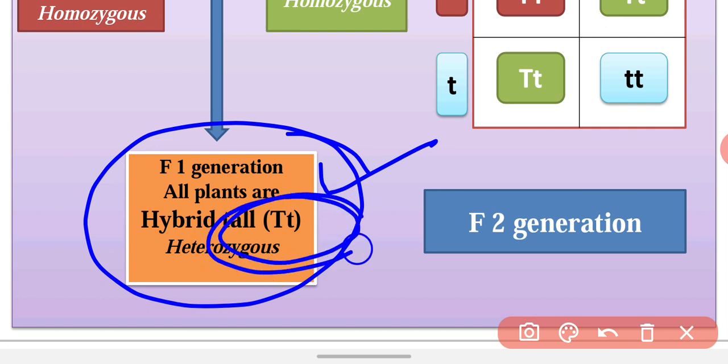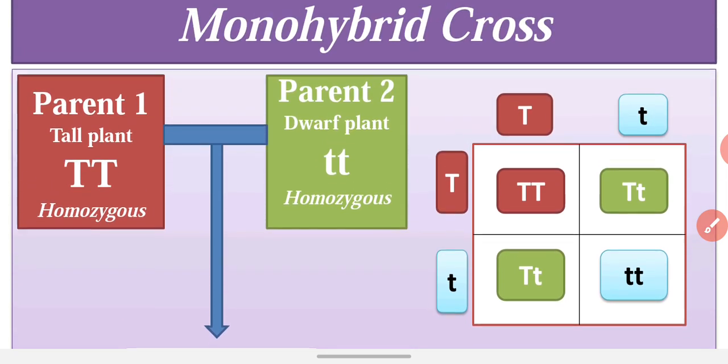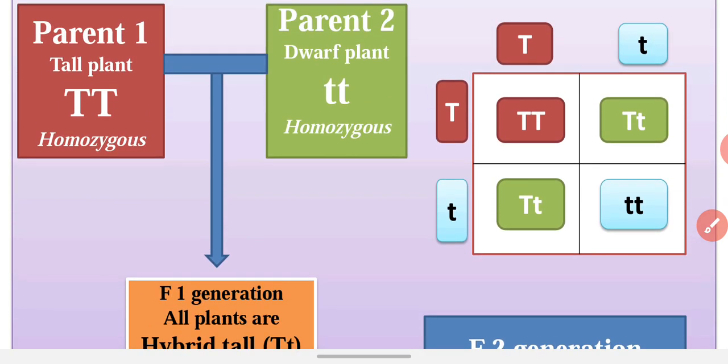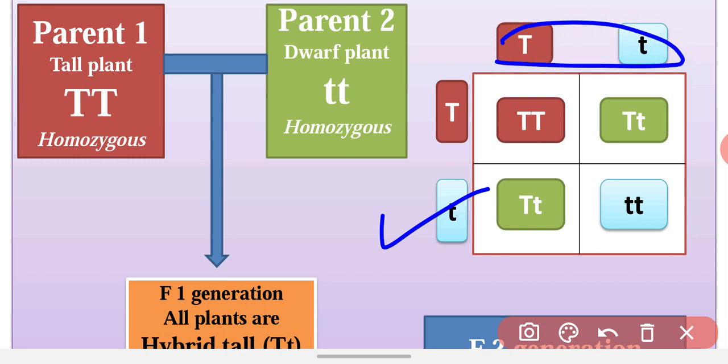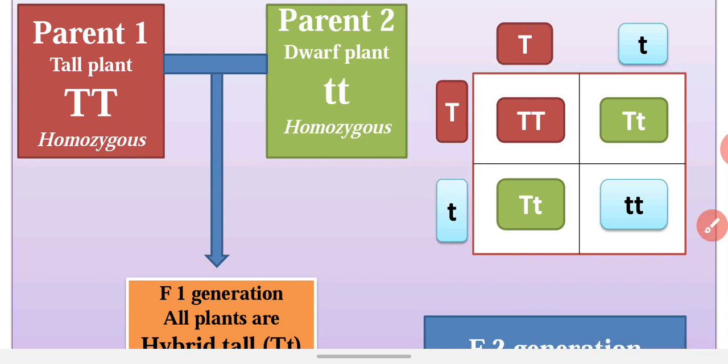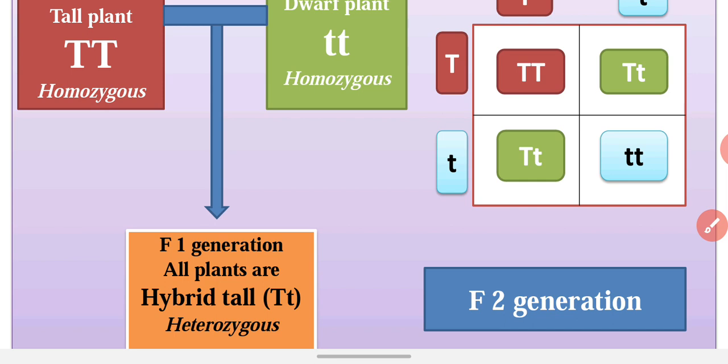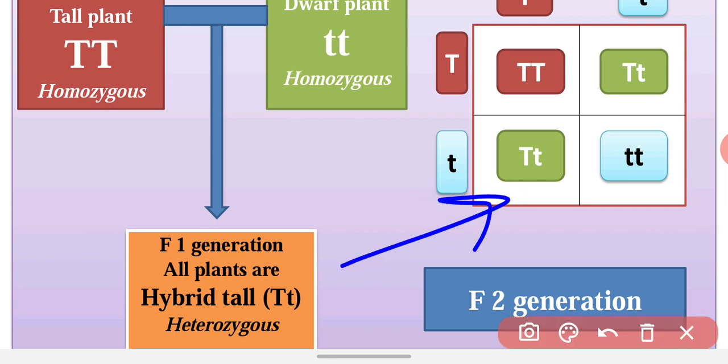Basically, these plants are hybrid in nature, but for the F2 generation, I will discuss in this figure, also known as the Punnett square method. These two hybrid plants, first this and second this, are crossed to each other and obtained in the F2 generation.